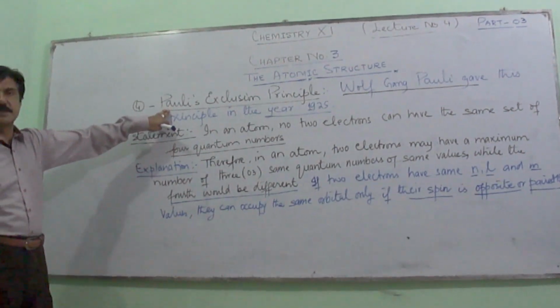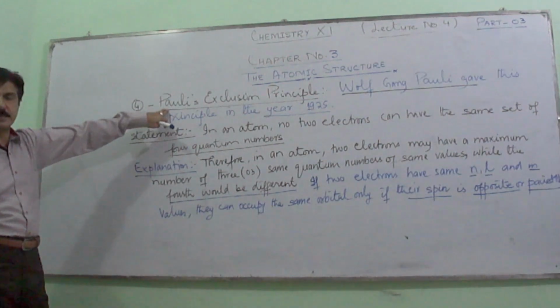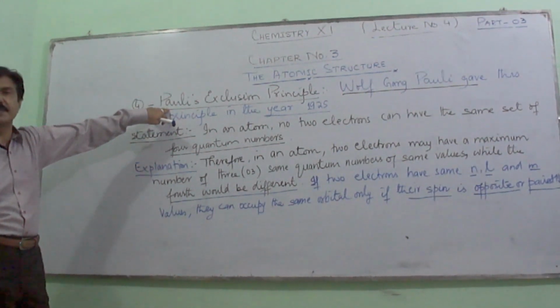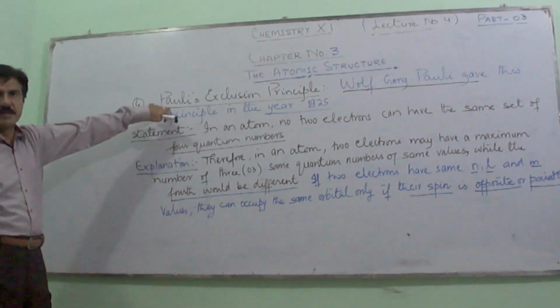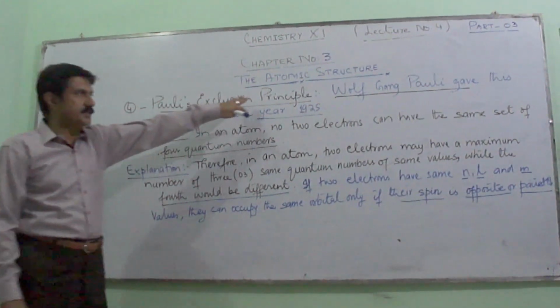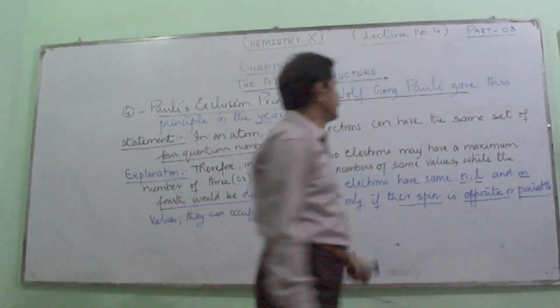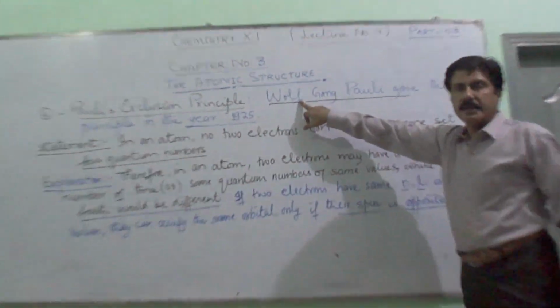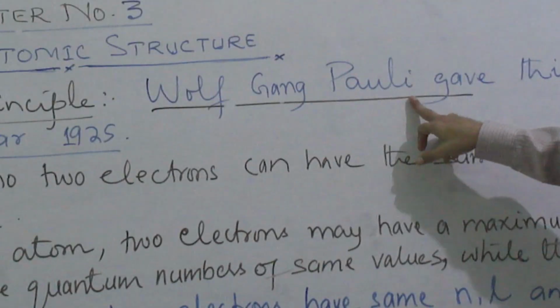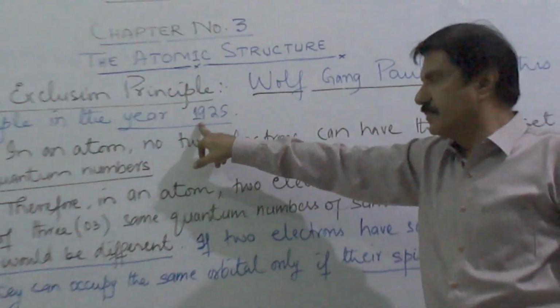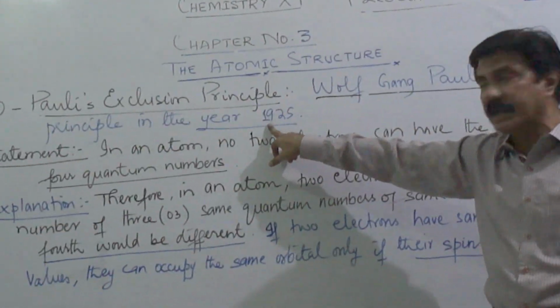Dear students, this is the fourth and the last principle or rule for the electronic configuration of elements. This is called Pauli's exclusion principle. As the name indicates, the principle was given by a man named Wolfgang Pauli, and the year in which he gave this principle was 1925.